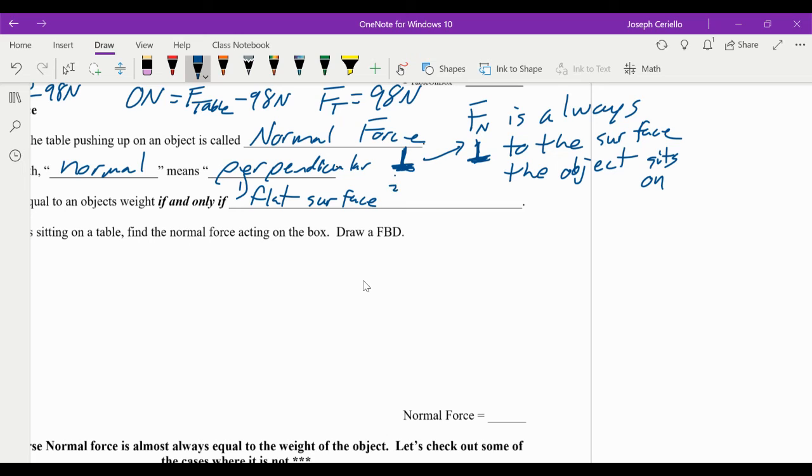The second criteria is that it cannot be accelerating up or down. And third, there can't be a third force in the vertical direction. There can only be normal force and weight.